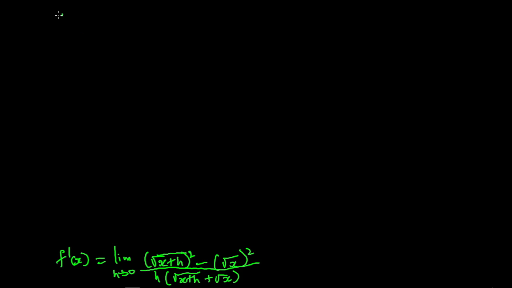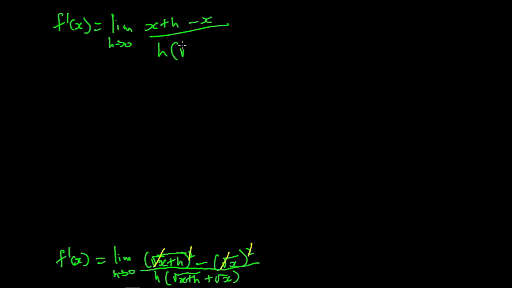So that means our f prime of x is going to be the limit as h approaches 0. This square is going to cancel this square root. Therefore, we'll be left with x plus h minus x all over h into the square root of x plus h plus the square root of x.